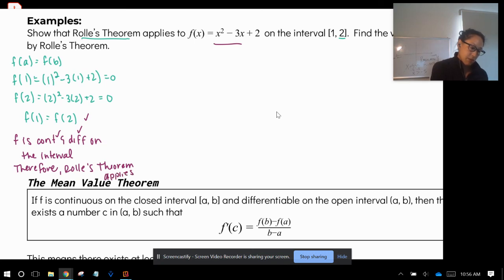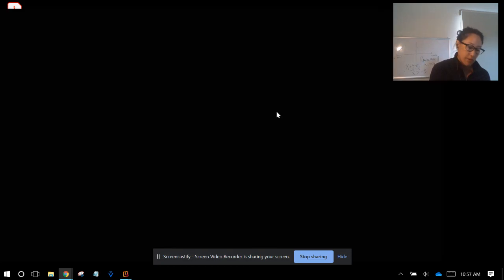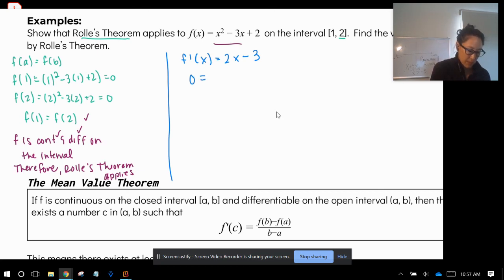So that's all the checking stuff to make sure I can use Rolle's theorem. Then I find the derivative, 2x minus 3. And I know that at some point on that derivative, there's going to be a value c where the derivative is equal to 0. So I set it equal to 0.